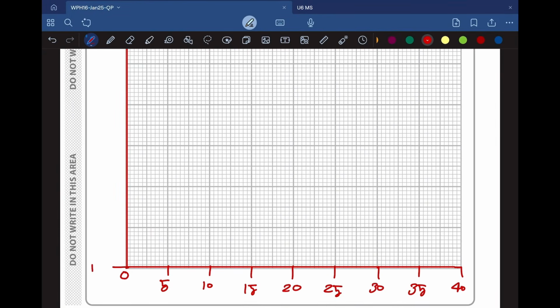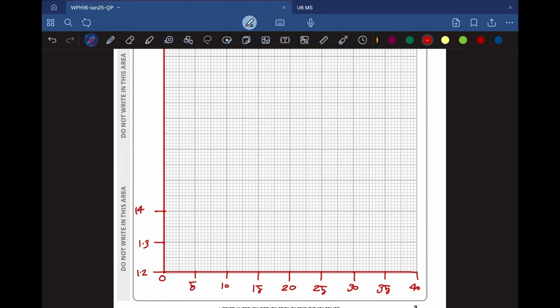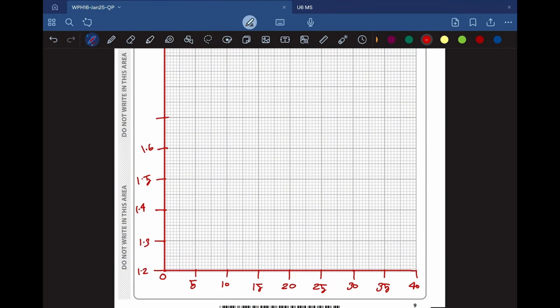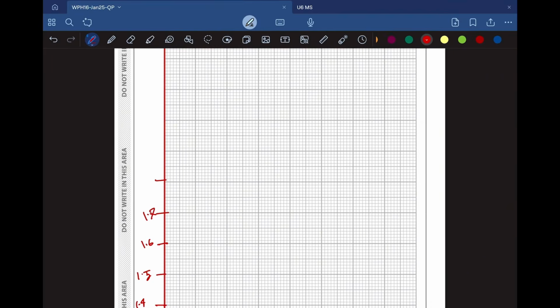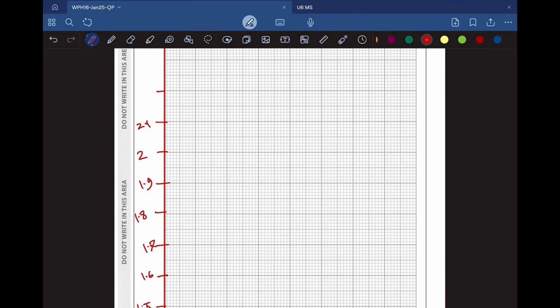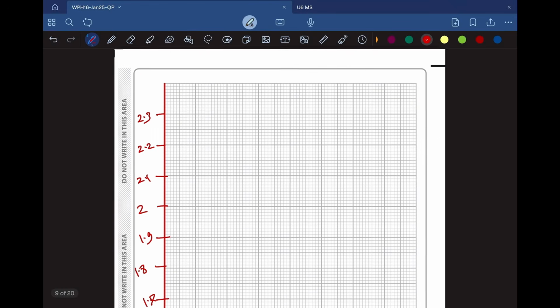This is going to be my 1.2, this is my 1.3, this is 1.4, this is 1.5, this is 1.6, 1.7, 1.8, 1.9, 2, 2.1, 2.2, 2.3, and my 2.4.